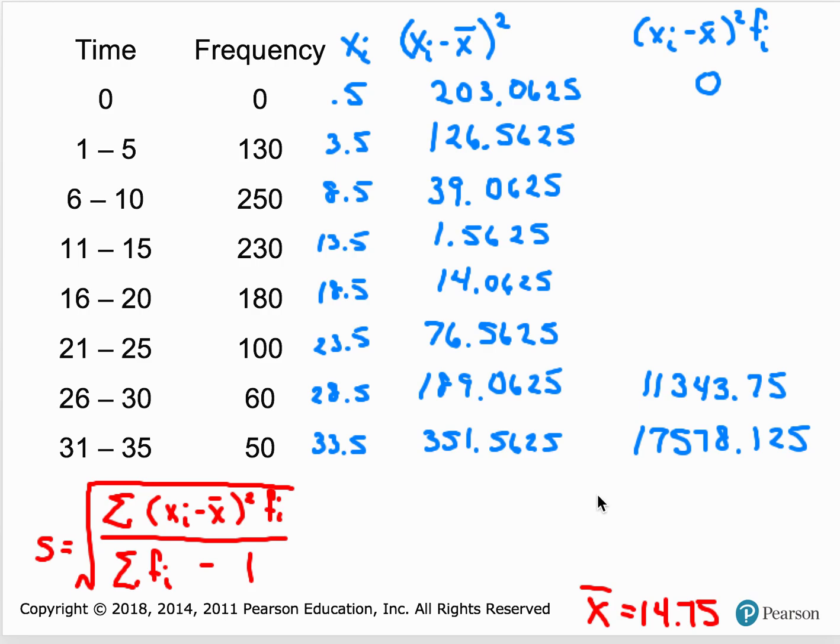76.5625 times 100. I did not need to put that in my calculator, but I already did before I realized what I was multiplying by. 14.0625 times 180, 2531.25, just so that I've got these values and want to make sure I can read them. 1.5625 times 230, 359.375.